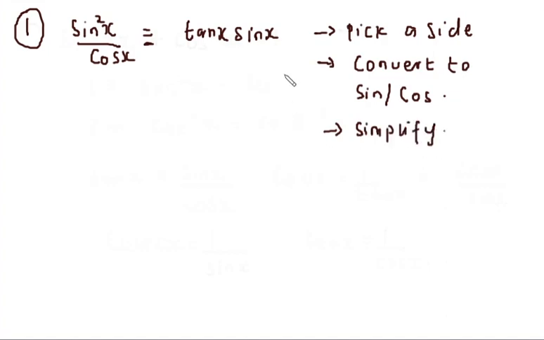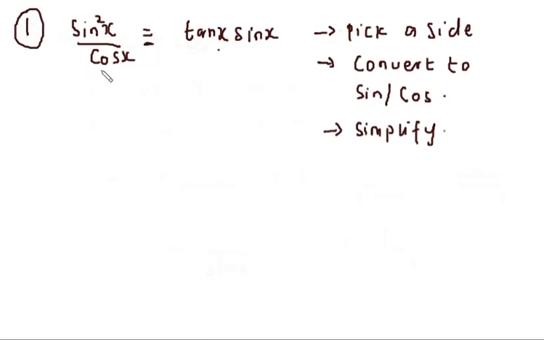Anytime you are given a problem in this form, the first step is to pick a side. I can choose to pick the left side and prove that it is equal to the right side, or I can pick the right side and prove that it's equal to the left side. Personally, I pick the left side when solving problems like this.